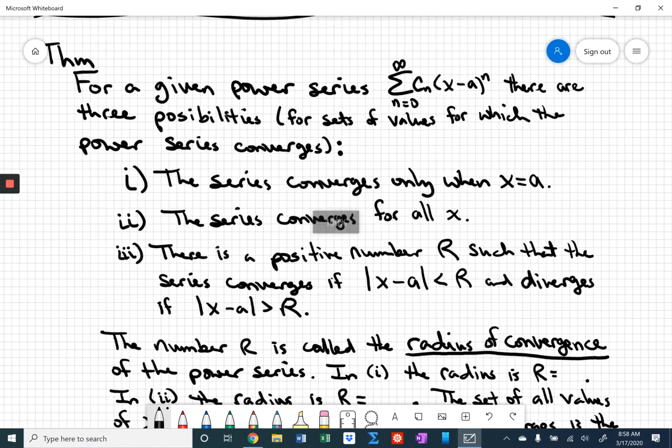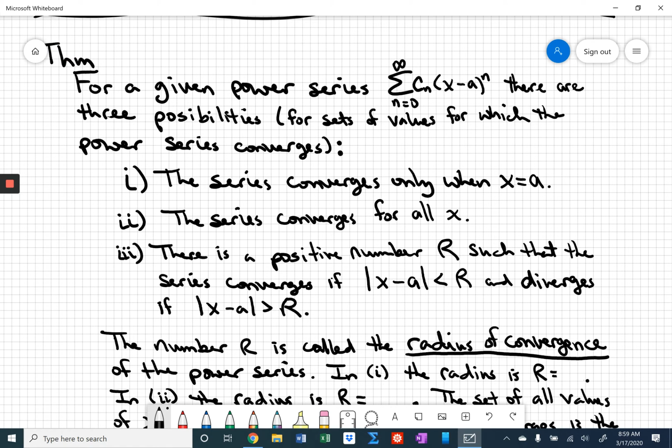Okay, so for a given power series, and I'm using the general form, the sum from n equals 0 to infinity, c sub n times the quantity x minus a to the nth power, there are three possibilities. It'll always work out to be one of these three things, okay? And that's three possibilities for the set of values for which the power series converges.